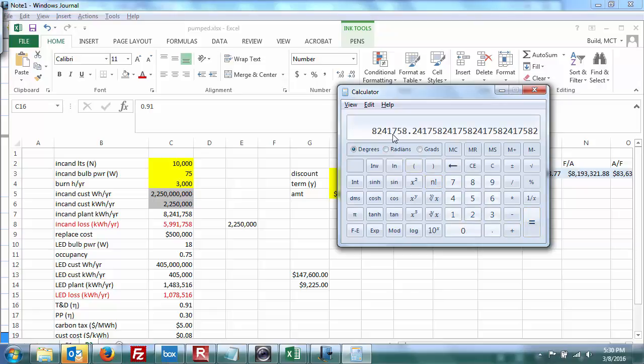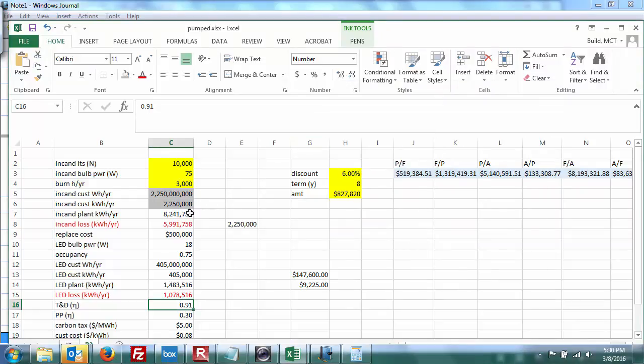Perfect. Okay, so the formula that I've got in Excel matches what I just did by hand and with the hand calculator. So that's good. I'm going to call that green for good because I like that.